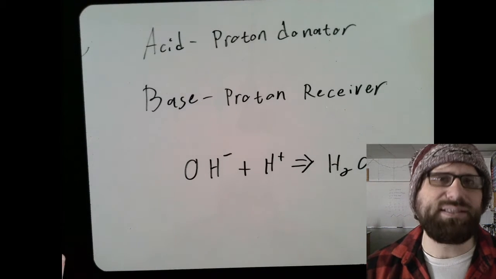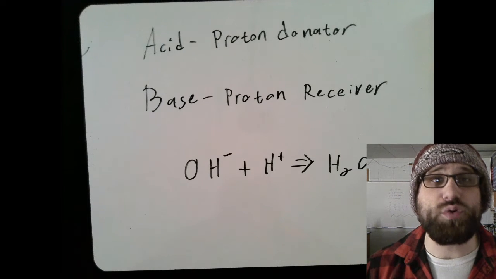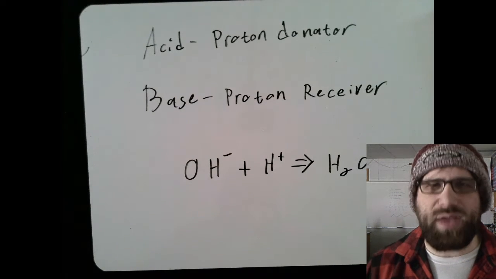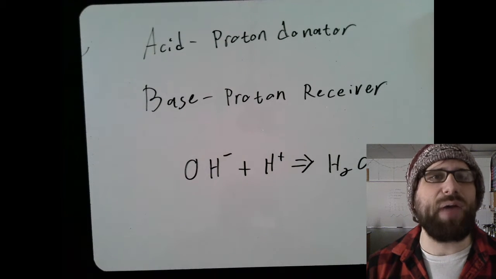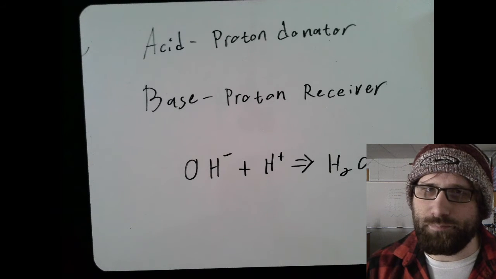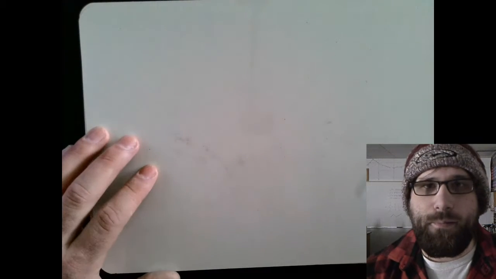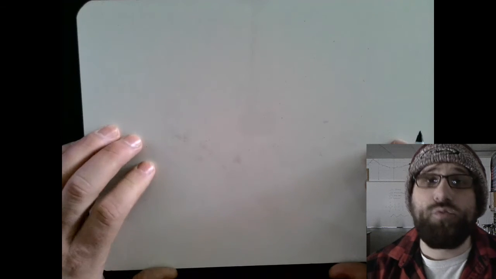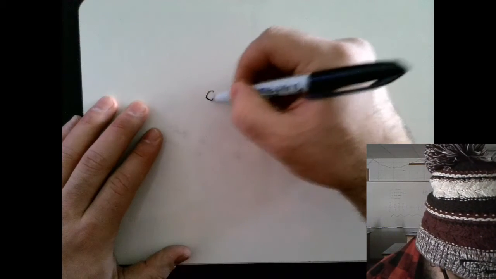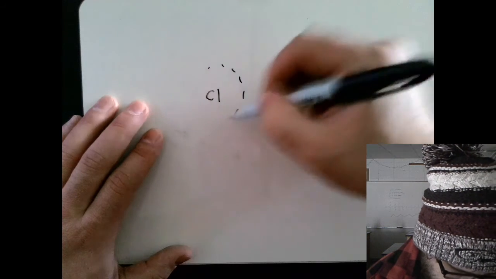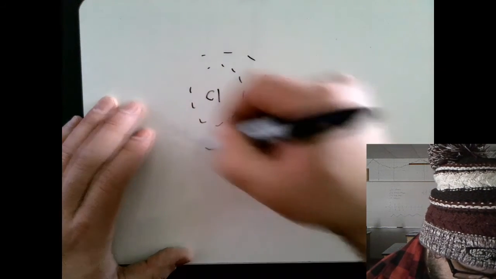So what makes these acids and bases so dangerous? What makes them so reactive? For that, we need to think back to our atomic model. Remember, when we have a normal atom like chlorine, it's going to have an electron cloud around it.